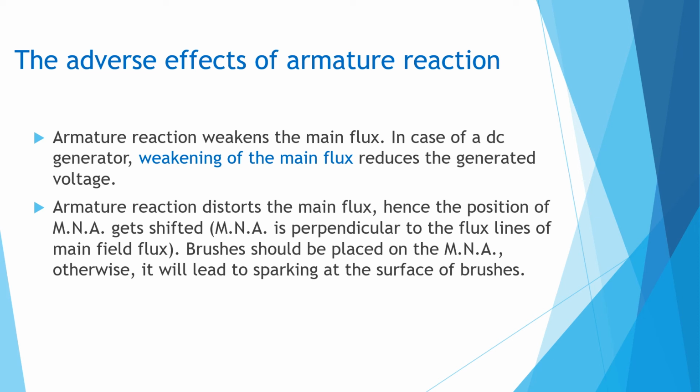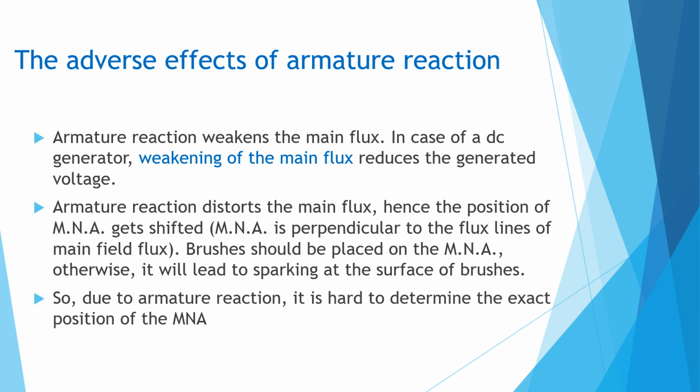Brushes should be placed on the magnetic neutral axis, otherwise it will lead to sparking at the surface of brushes. So due to armature reaction, it is hard to determine the exact position of magnetic neutral axis.